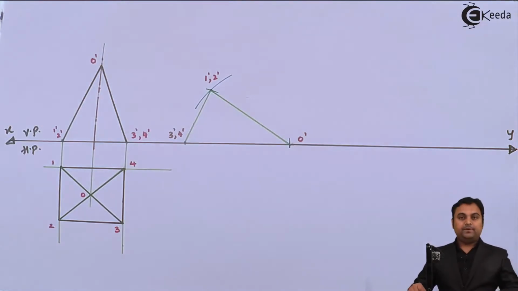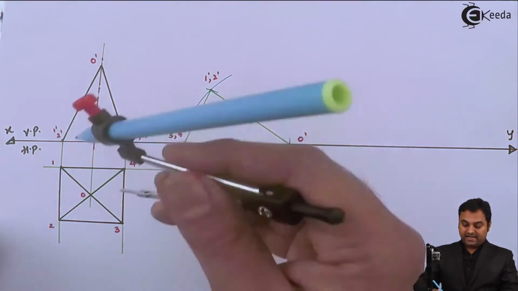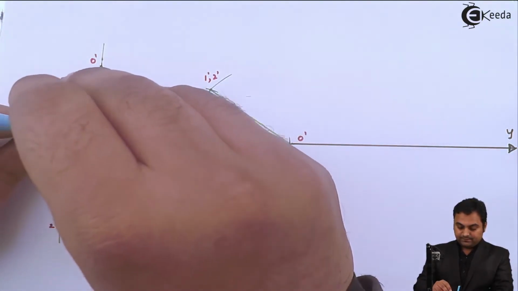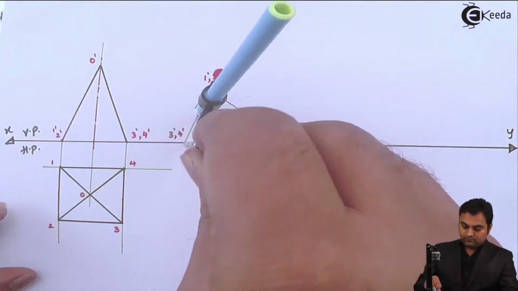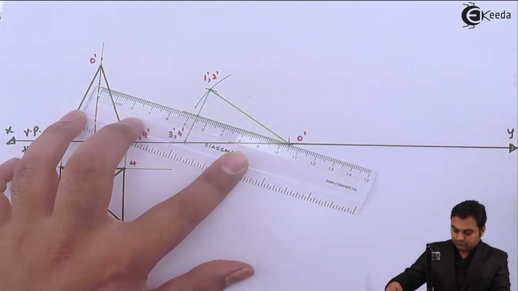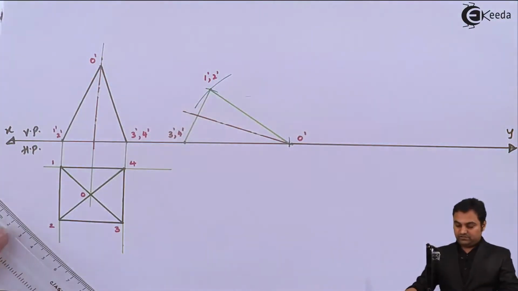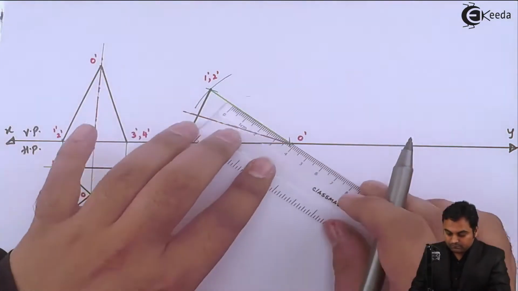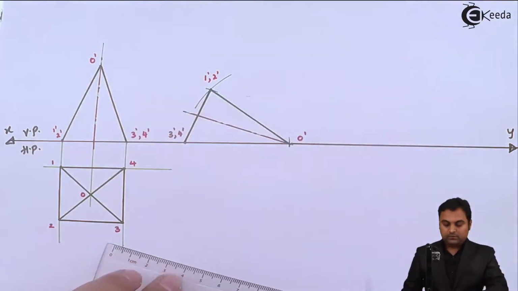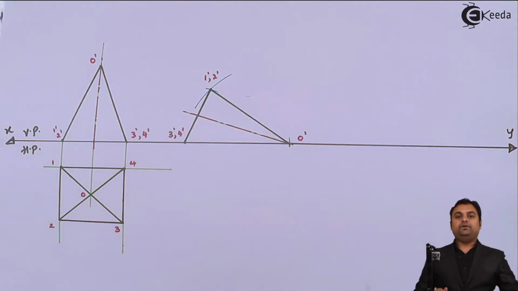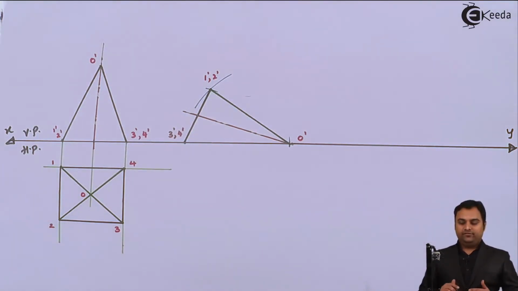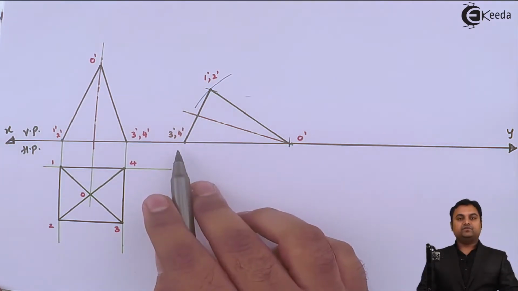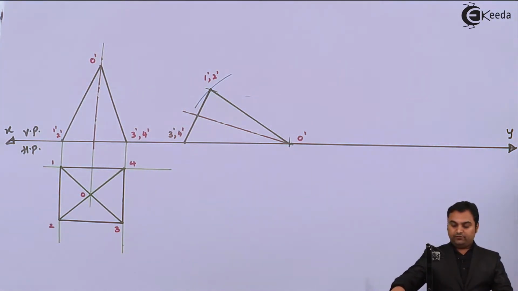Next, I'll draw the axis. From 3 dash to the axis, I'll take the distance. Next, I'll draw this pyramid dark. Now, this is the pyramid which is resting on its triangular face in HP, and that face is O dash 3 dash 4 dash. Now this is the front view.